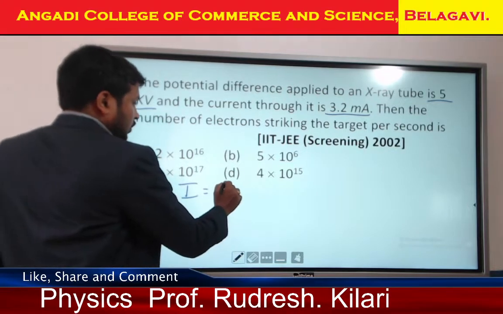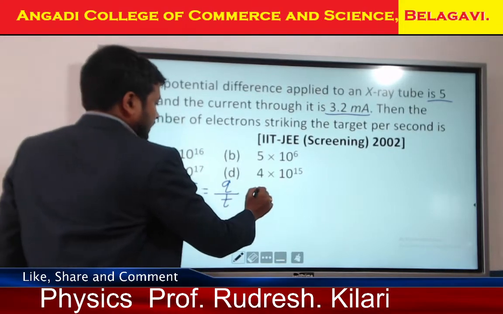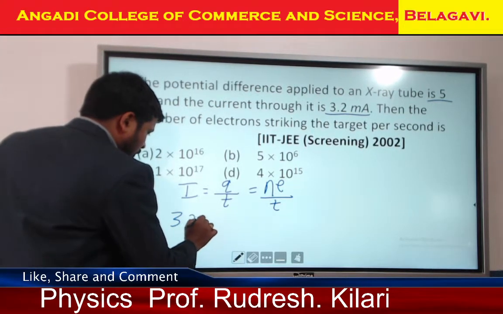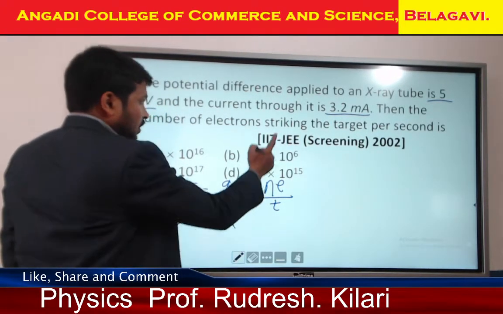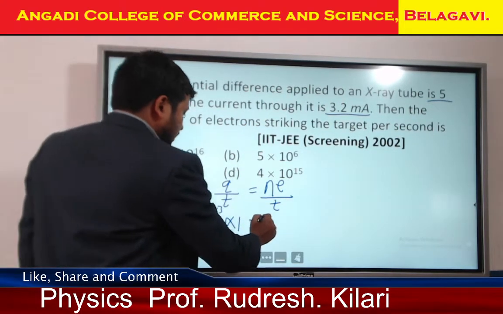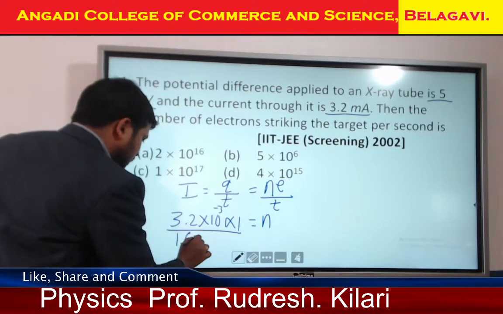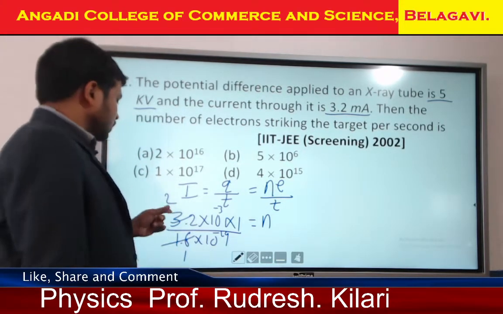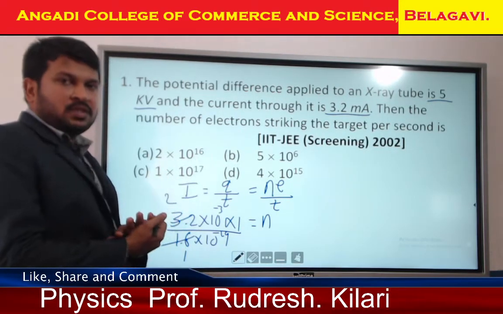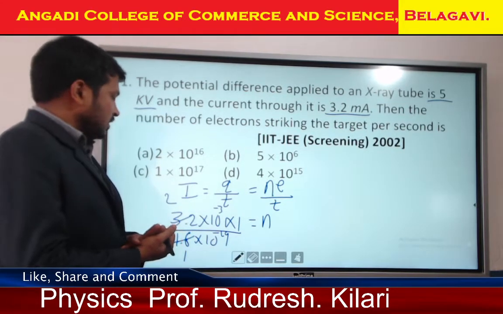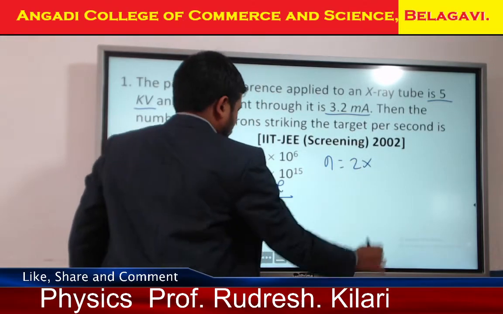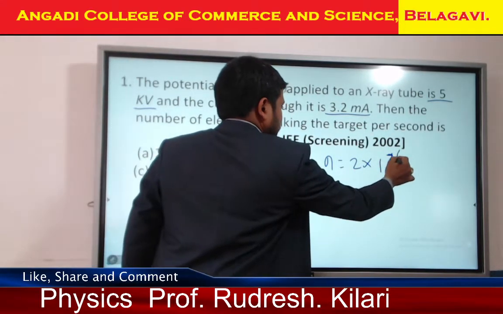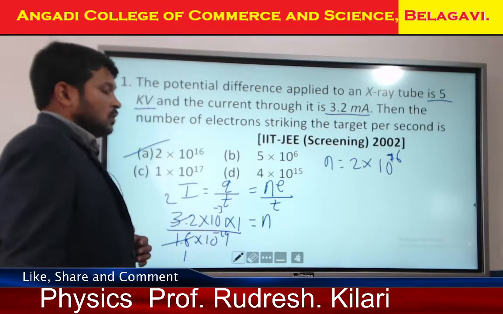Current I equals Q divided by t, we know the formula. This Q I will write as n e. The current is 3.2 into 10 raised to minus 3, into time of 1 second, and n they are asking, divided by 1.6 into 10 raised to minus 19. 16 ones are 16, 16 twos are 32. 10 to the power of minus 19 goes up, so it becomes 10 to the power of plus 19, plus 19 and minus 3, that is plus 16. So n equals 2 into 10 to the power of 16.